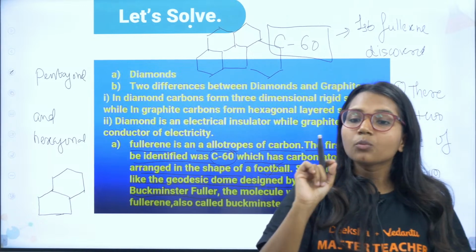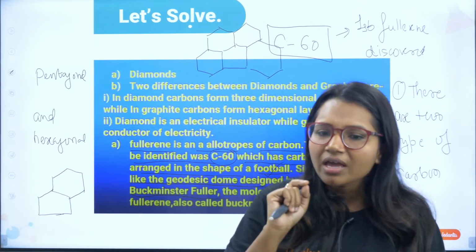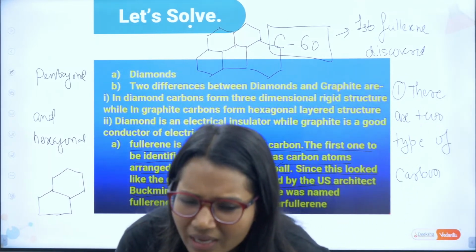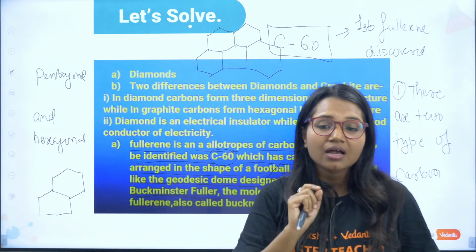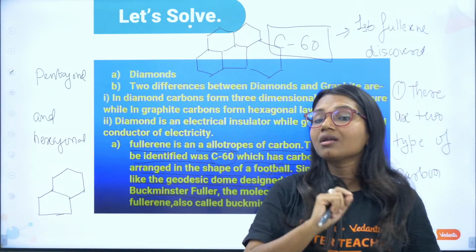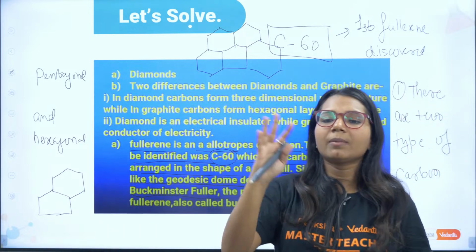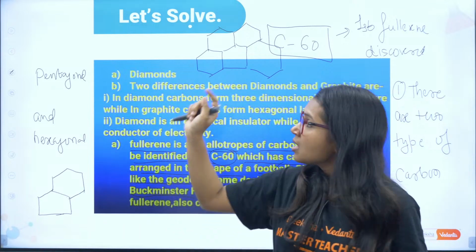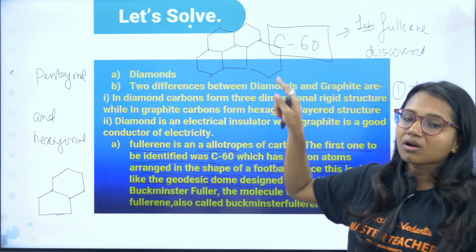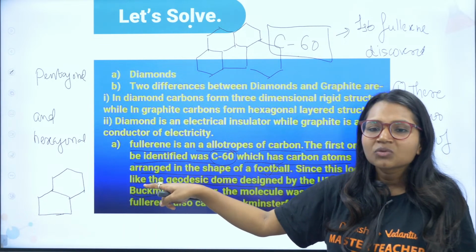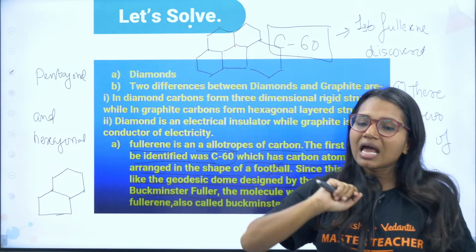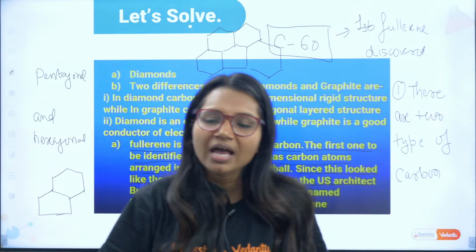So in a football also, correct. Very, very good. Surbhi, am I taking your name correctly? Yes, 12 pentagonal, 20 hexagonal. Even if you don't remember the numbers, how many pentagons and hexagons, you have to write that in fullerene there are two types of rings. Correct? Which type of ring? Here, 5-membered and 6-membered. Okay, fine.